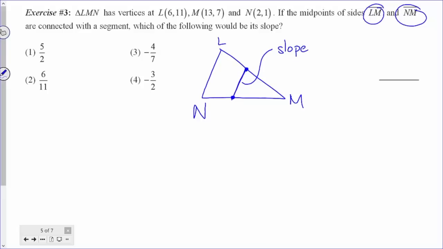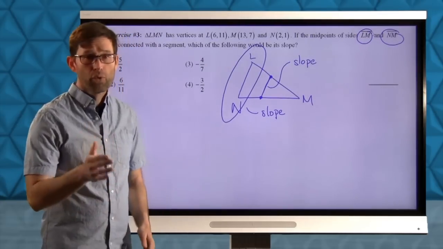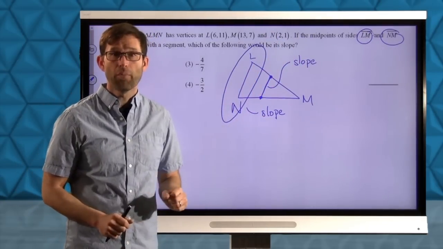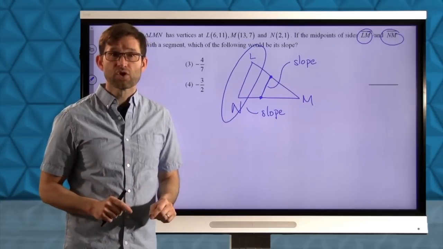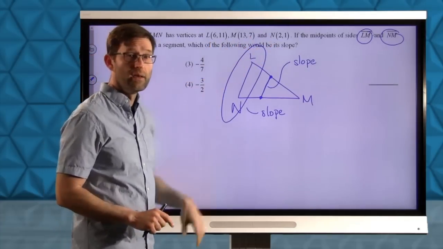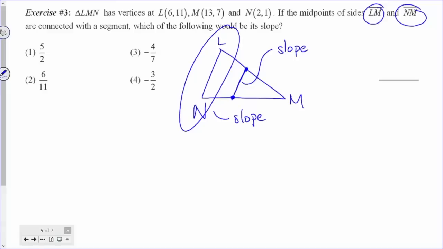Well, the slope of that line segment must be the same as the slope of this line segment, because they have to be parallel to each other. So although you could do this in a brute force way, as I just mentioned, midpoint, then calculate the slope, you can actually do it much faster by just simply calculating the slope of LN. So why don't you go ahead and do that? Calculate the slope of LN.